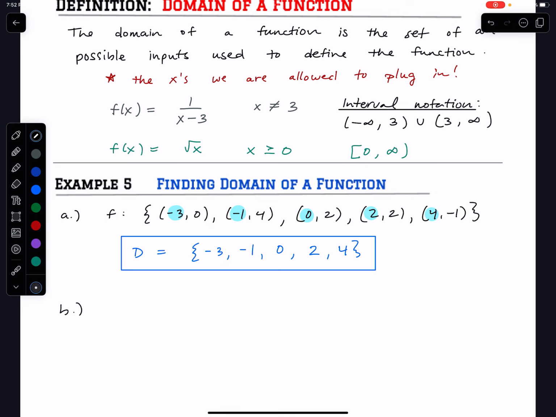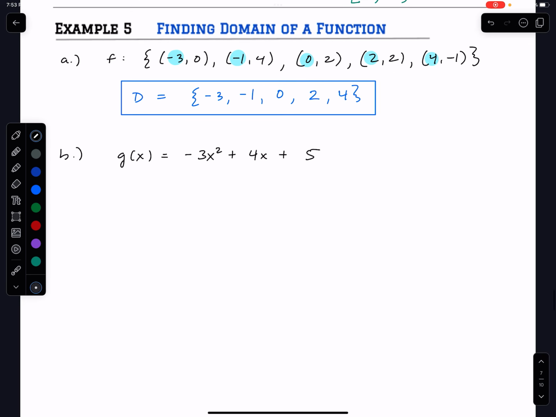Okay, but let's do an actual function. So g of x is equal to -3x squared plus 4x plus 5. This is a polynomial function, specifically a quadratic function.